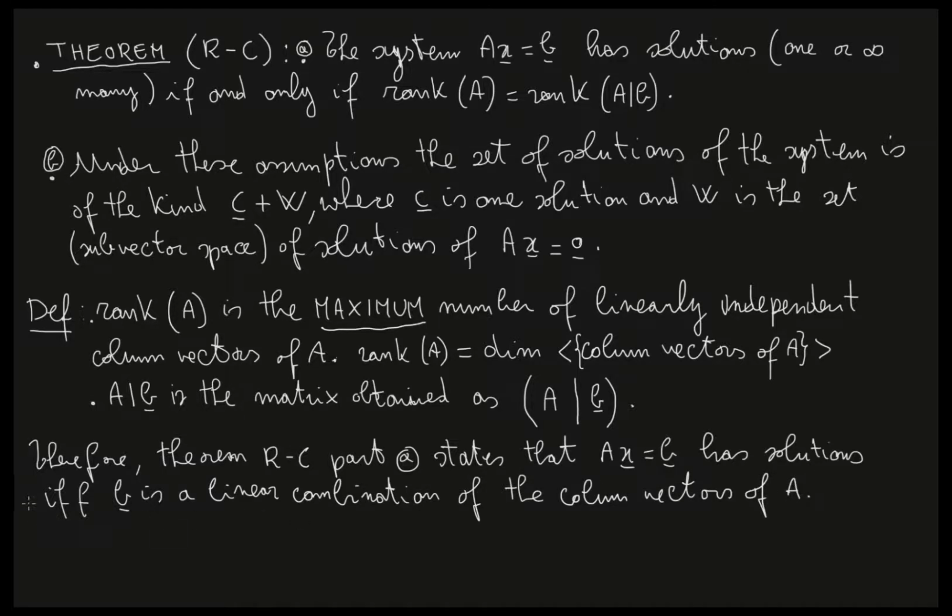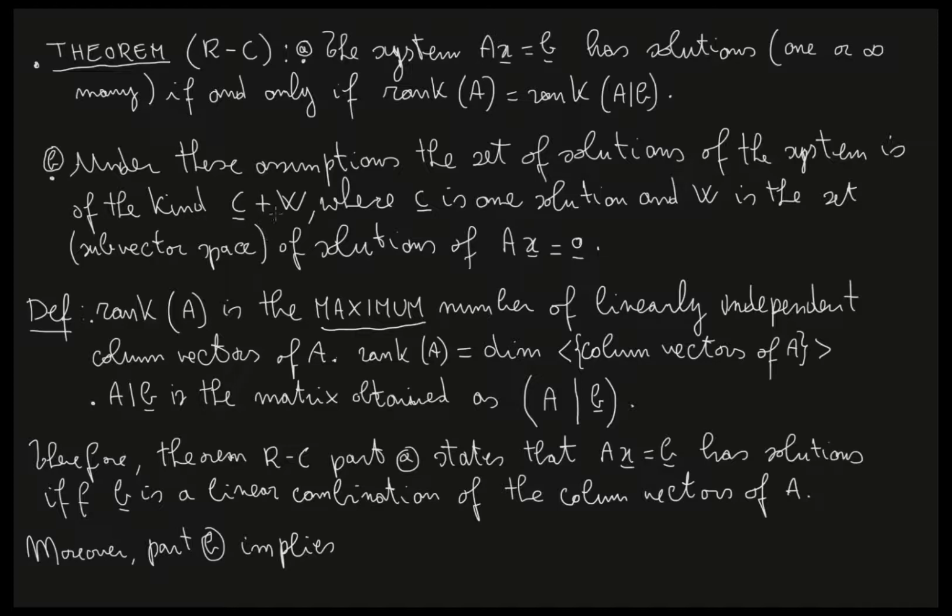Another remark is the following. Moreover, the second remark comes from the part B. Part B implies a very strong geometrical property of the set of solutions of any system of linear equations. So notice that we are not laying down any assumption on A. A can be any matrix whatsoever.